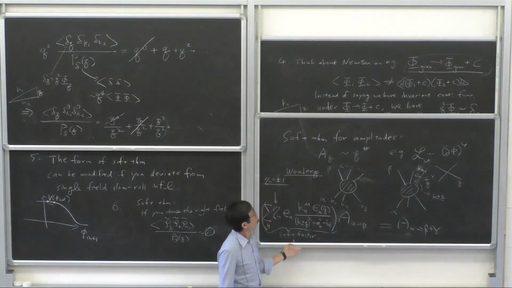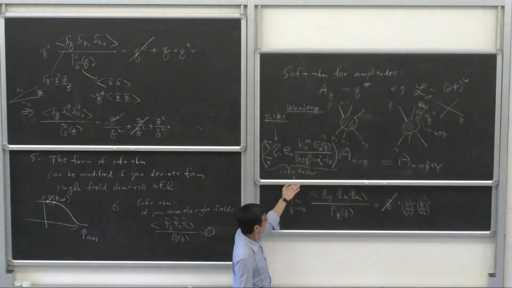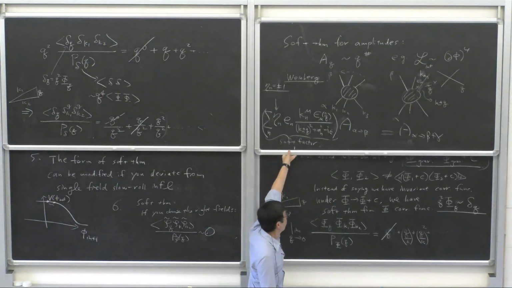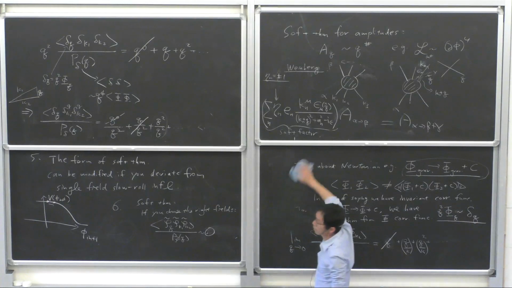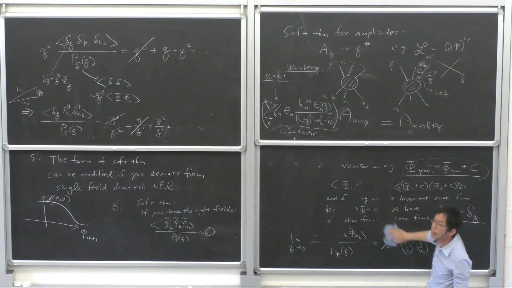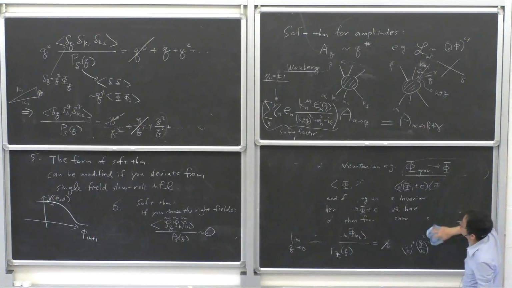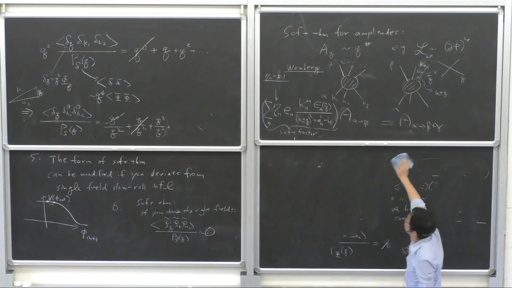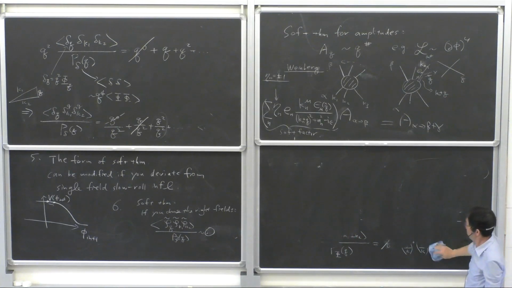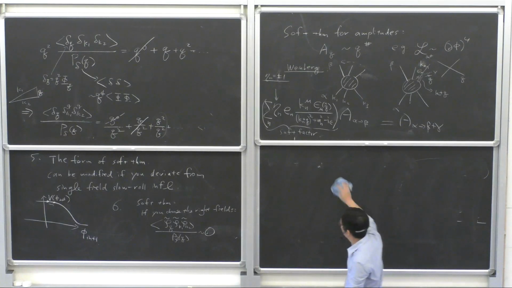And now here's what Weinberg pointed out. If Q is very soft, you can simplify the denominator of the soft factor, no? If Q is very soft, then what can we do? Let's expand it out.